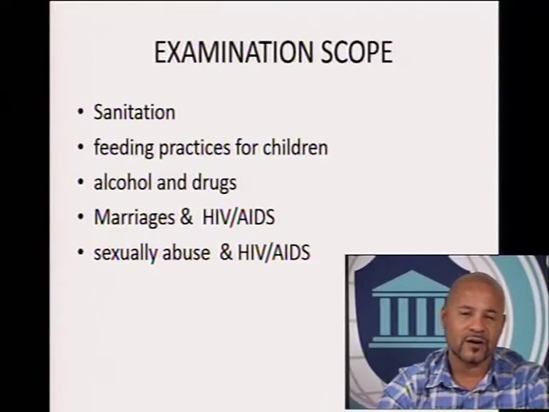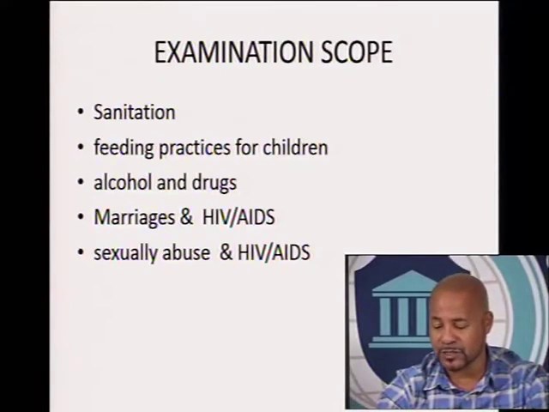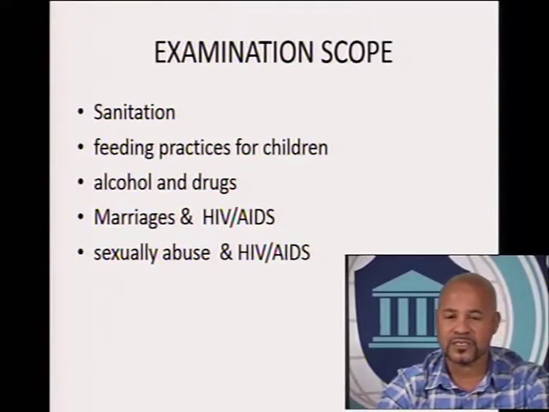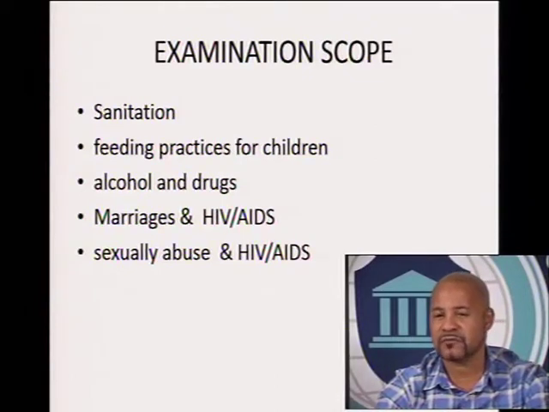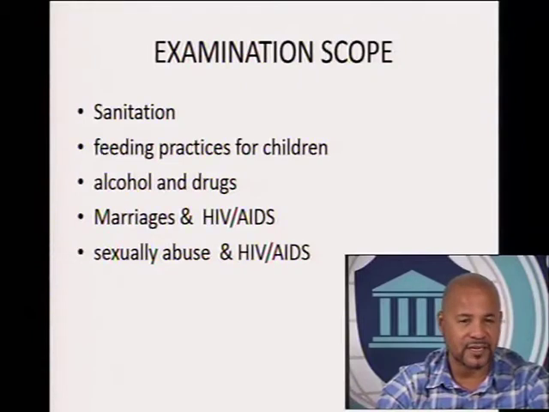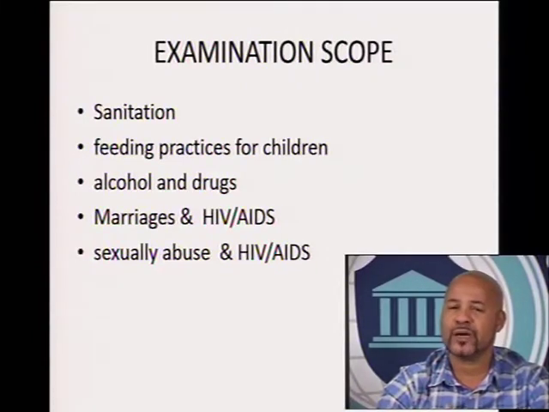OVCs. Now, when you are working with orphans and vulnerable children, or with children in general, especially when they're orphans, there are certain things that you have to do as part of looking after them, and this is feeding, giving food to these children. Now, when you are going to give food, some countries have what they call feeding schemes.